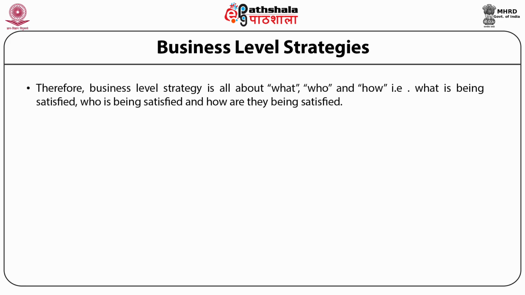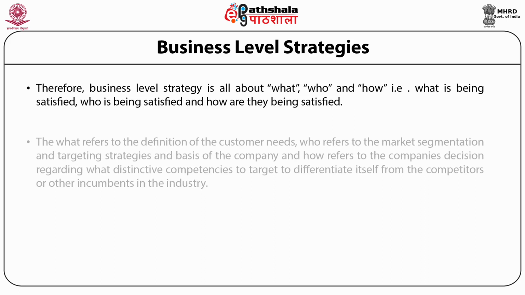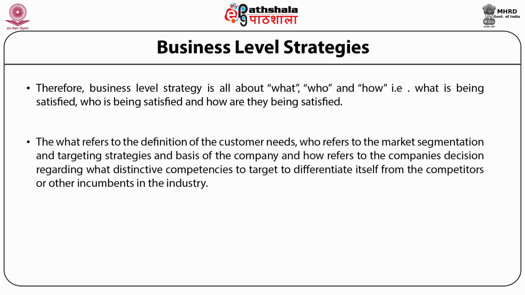Therefore, students, business level strategy is all about what, who, and how. That is, what is being satisfied, who is being satisfied, and how are they being satisfied. The what refers to the definition of the customer needs.